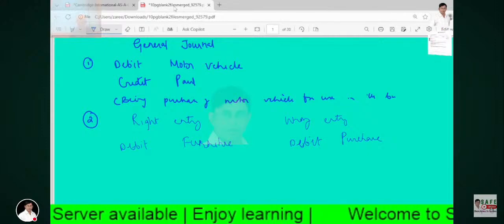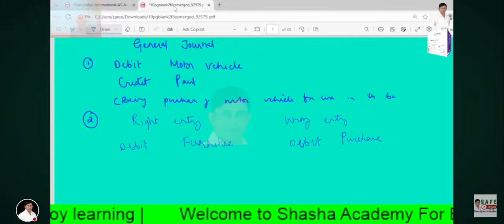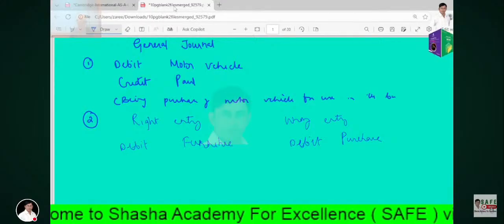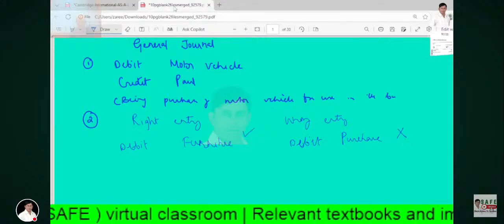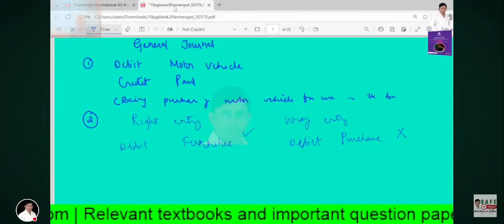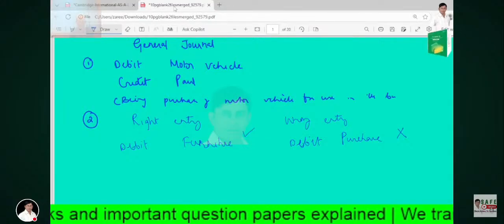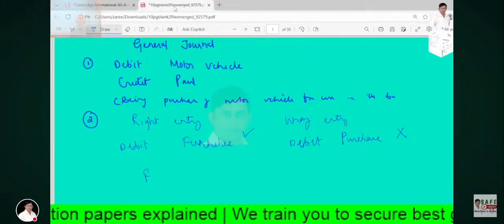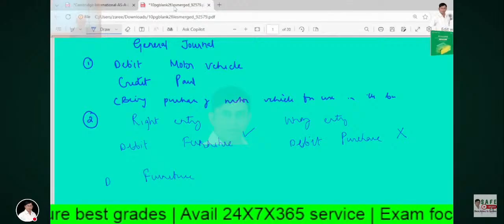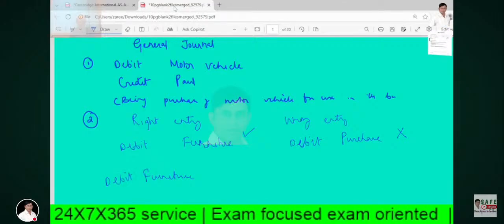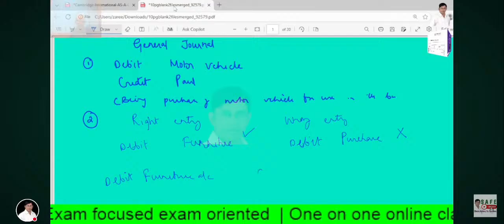So how to do it? We have to cancel out this and we have to bring in this. To cancel this we have to credit, and to bring this we have to debit. So what is the entry? Furniture account debit, purchase account credit.